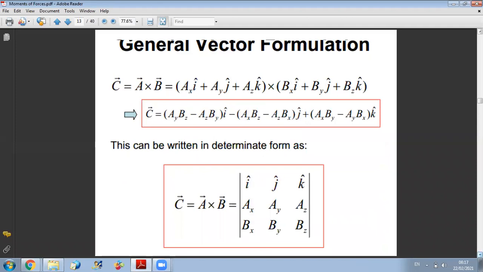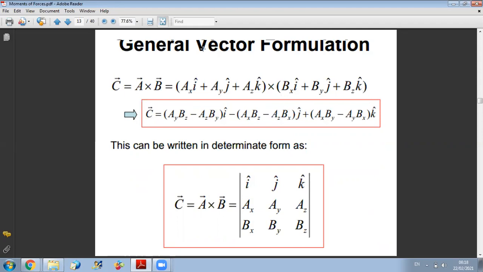Now, how to calculate the vectorial product in an analytical way. You know that vectors are defined by their components. So if I have a vectorial b, then vector a can be written as ax i plus ay j plus az k, and the same for b, bx i plus by j plus bz k.